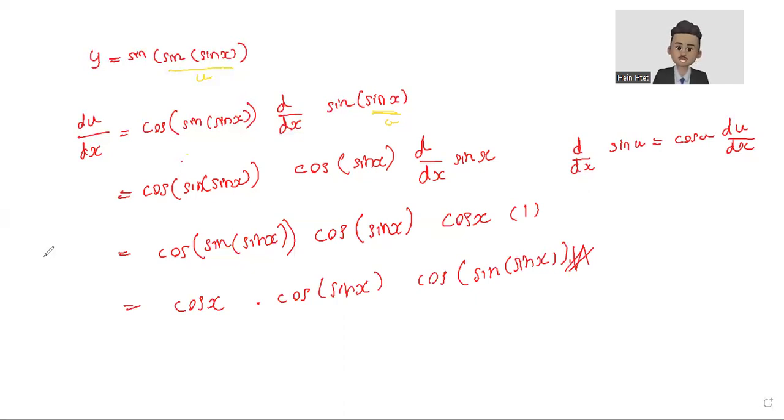Let's go to another, a little bit tricky one. The question is y equals cotangent squared sine theta. Before you differentiate this, you need to know this is equal to cotangent of sine theta, the whole squared.